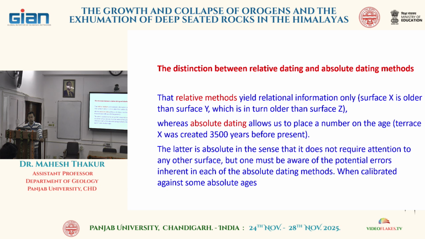For example, a river terrace is deposited, and X was created, let's say, 3,000 years before present. So in absolute dating, we don't need any relation with other features. That is the major difference between relative dating and absolute dating methods.